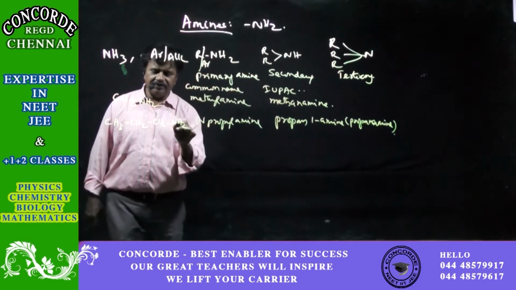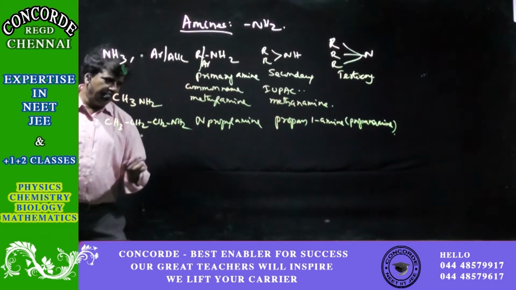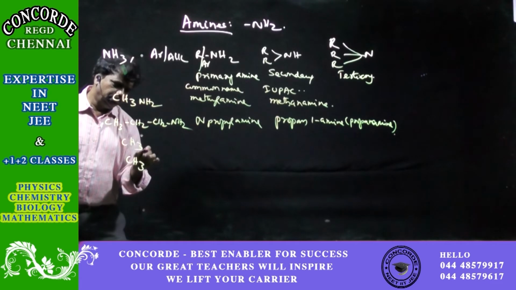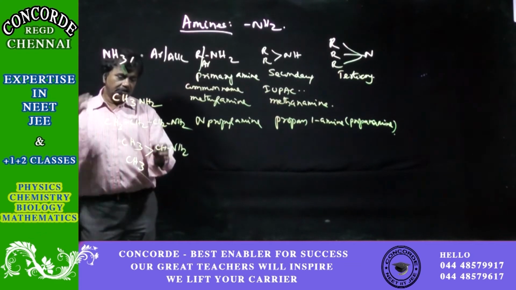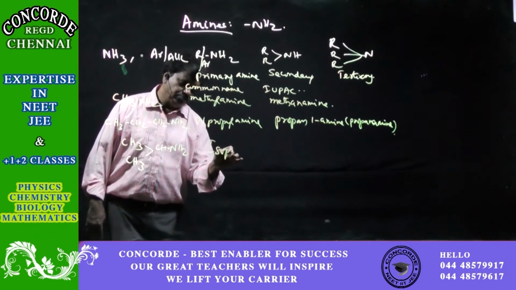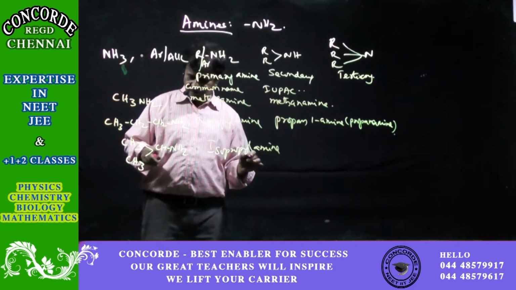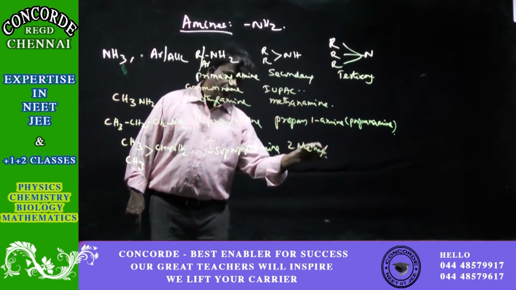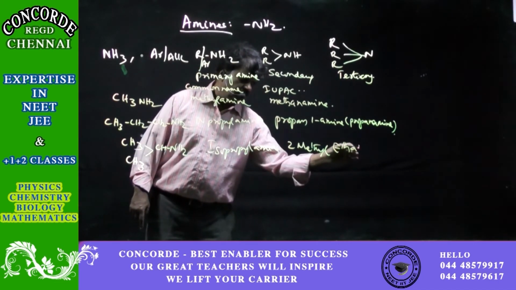If the amine is on the second carbon, this is isopropylamine, whereas in IUPAC it is 2-methylethanamine, the straight chain being eth, so ethanamine.